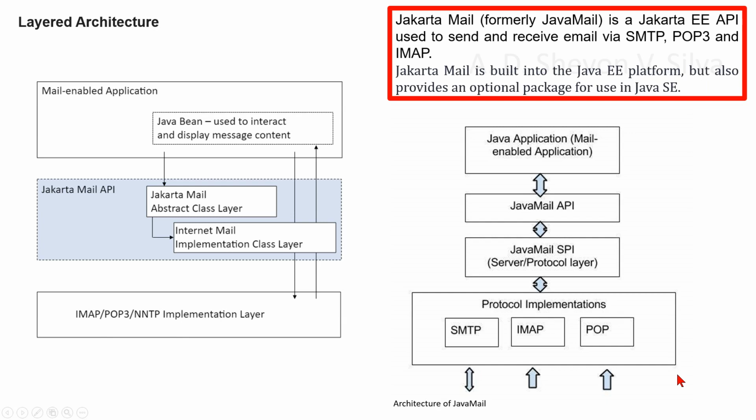Similarly, the JavaMail API is divided into two main parts: an application independent part and service dependent parts.